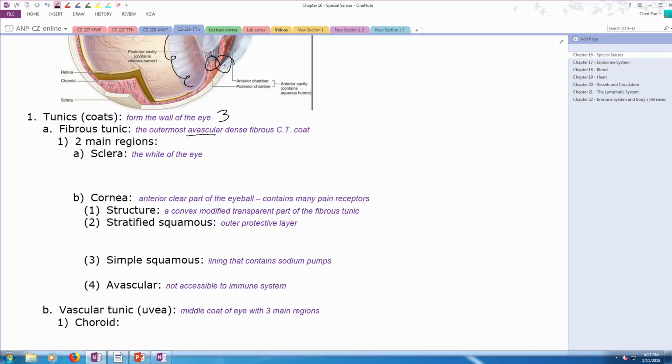Okay, of the fibrous tunic, the bulk of the fibrous tunic is the sclera, which is the white of the eye, and it is designed to protect and maintain the shape of the eye.